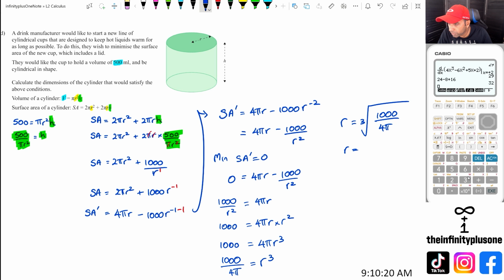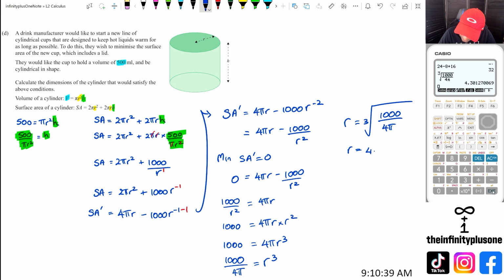So I'm going to go shift and the cube root. So that's going to be 3, and then here, I'm going to have a fraction, 1000 divided by 4 pi. And that's going to give me a radius of 4.30.